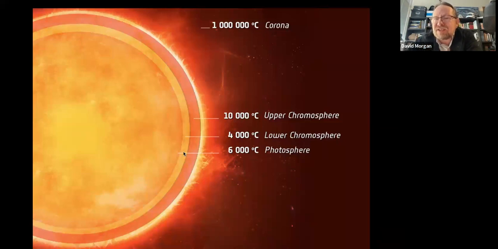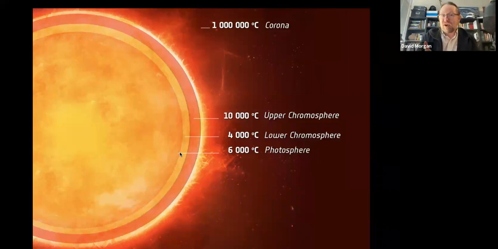So the surface of the sun, the light we see from the sun, comes from the photosphere and the region surrounding that. You can think of the photosphere as the place where the gas of the sun goes from being transparent to being opaque. The sun's all gas, it doesn't have a solid surface of any sort, but that gas gets denser and denser until you can't see through it anymore.